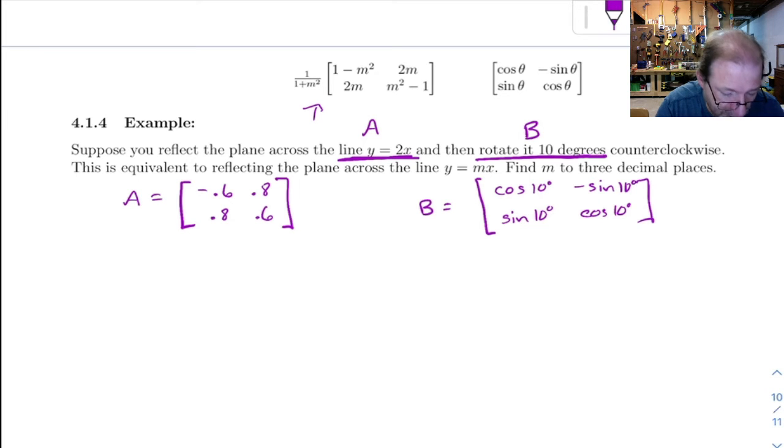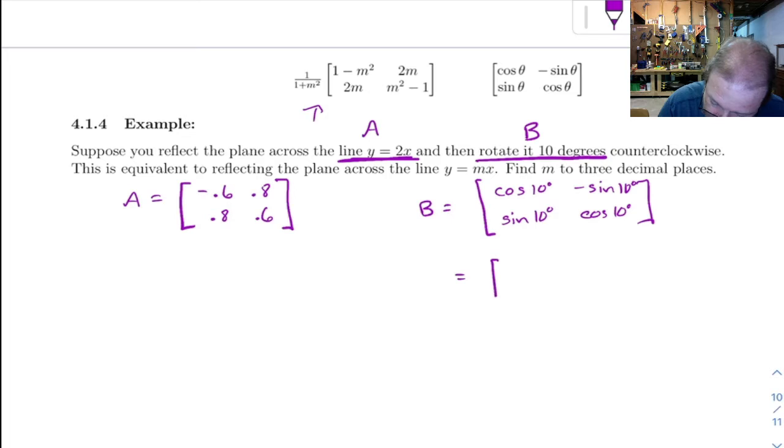So cosine of 10 degrees, I'm going to do this to 4 decimal places at least, is 0.9848. And then sine of 10 degrees is 0.1736. Got to make that one negative.